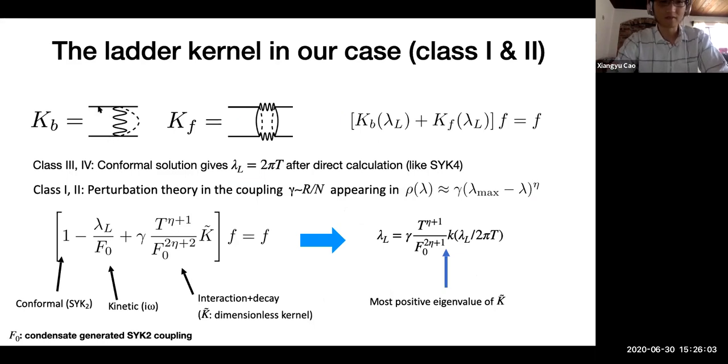You have fermions coupled to bosons, and also you have this kind of boson fermion loop. So you have two kernels, and the equation we want to discuss is like this.